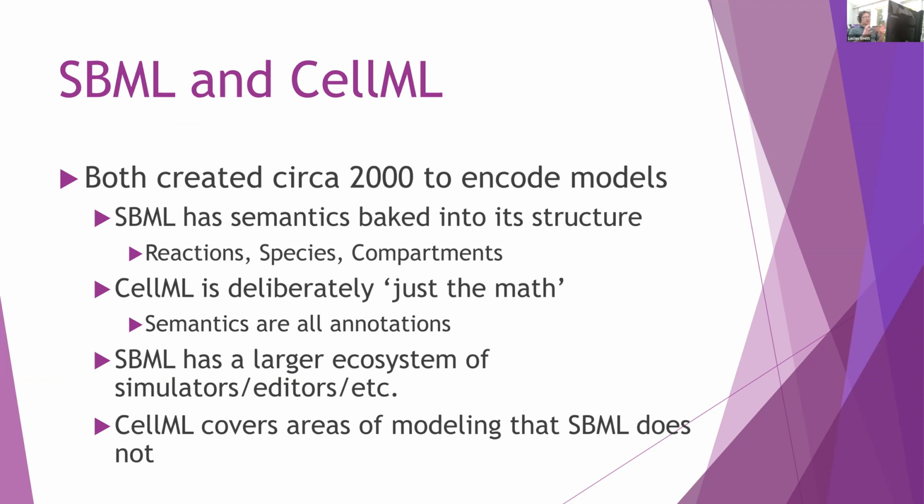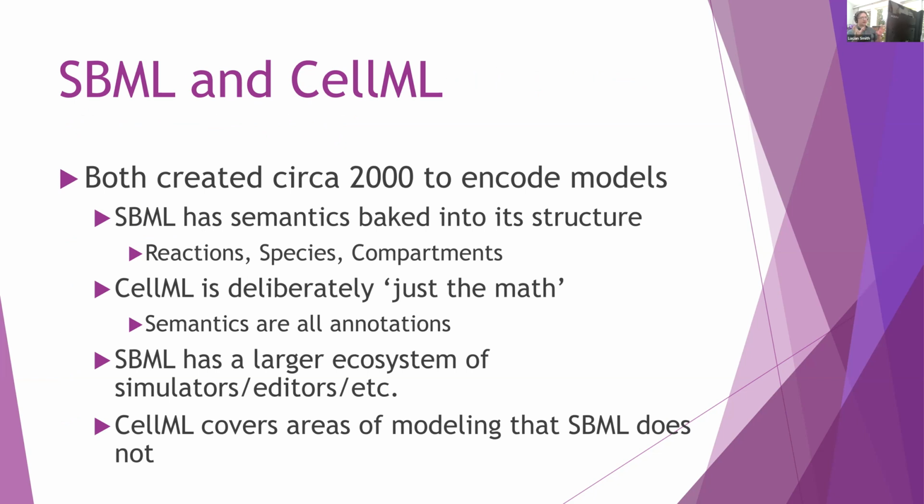So SBML and CellML are model definition languages. They were both started around the year 2000 in order to encode models. The difference between the two is that SBML has semantics baked into its structure with reactions and species and compartments, and CellML is deliberately just the math.